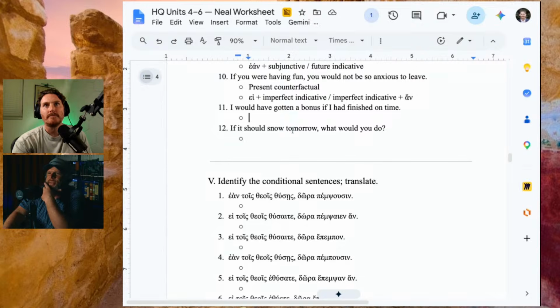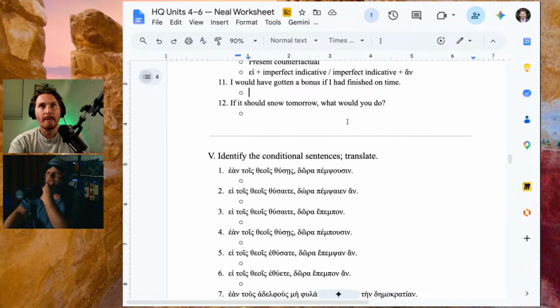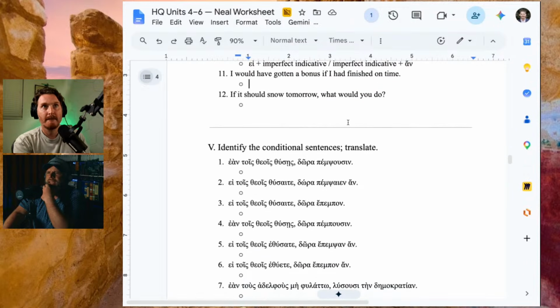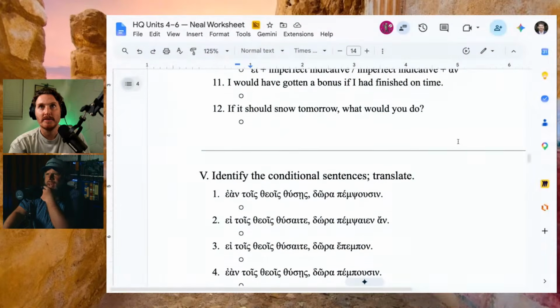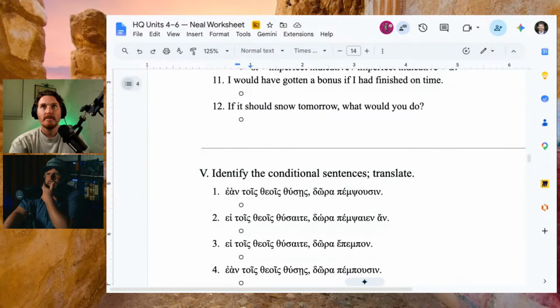All right, so now we have: I would have gotten a bonus if I had finished it. Okay, so if I had finished on time is the protasis here. Exactly. Reverse construction. And then the apodosis is I would have gotten a bonus. So let's start with the protasis.